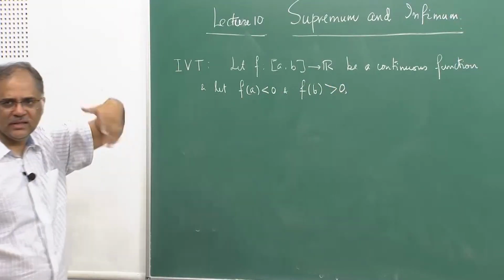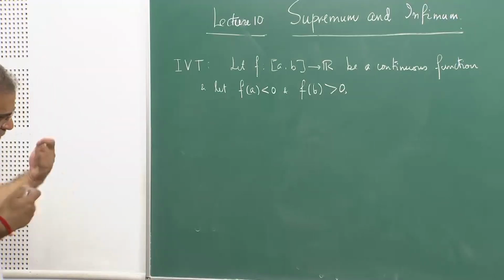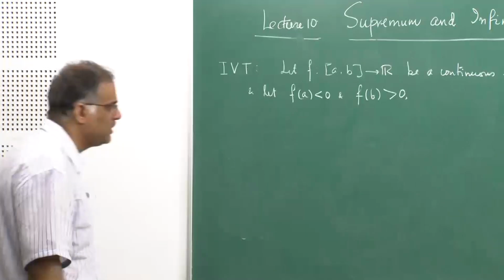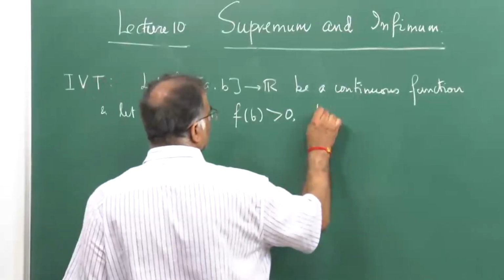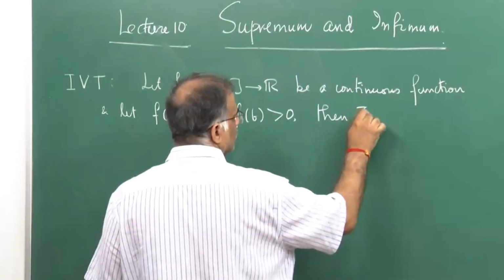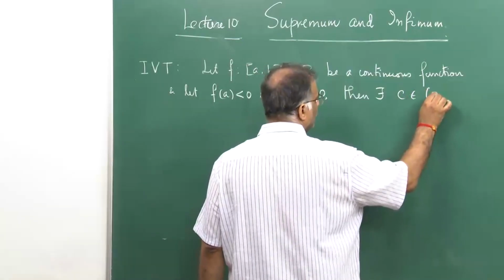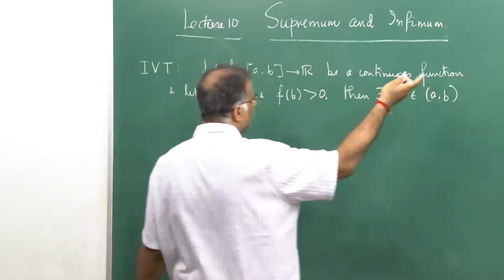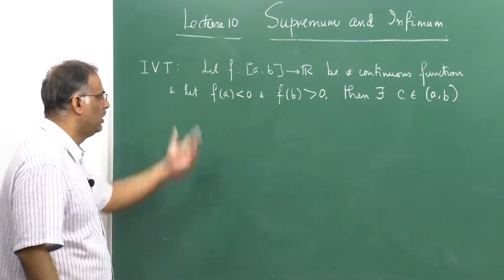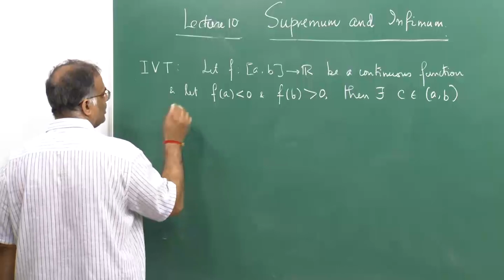Then there exists a C strictly lying between a and b such that f c is 0. Then there exists C in the open interval a b, or even in the closed interval, it does not matter, because C cannot be either A or B, such that f c is 0.